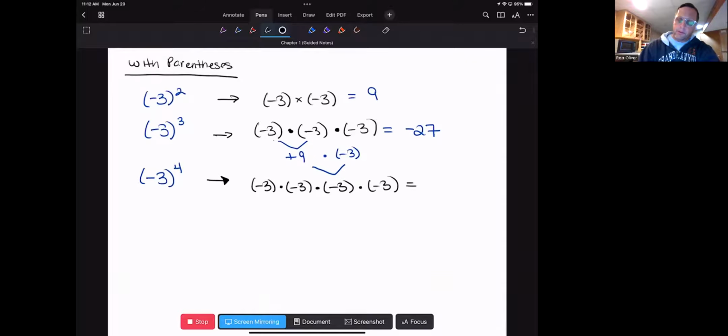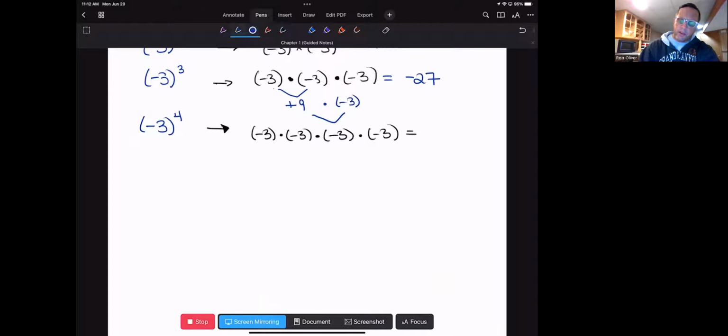Notice you've got 2 pairs of negatives. I'm not even working on the arithmetic here, just looking at the sign. A negative times a negative is positive, and so will the other pair. So when we're done, 3 times 3 times 3 times 3 is 81, so it's +81.